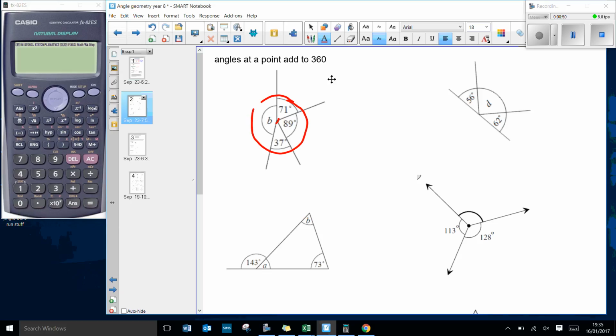Because we know they add up to 360, I'm going to add the three angles that I have, so 71 plus 89 plus 37, and they come to 197.